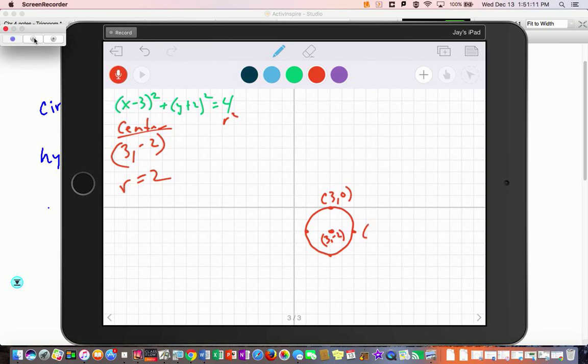Going to the right 2 would be 5, negative 2. Up, you add it to the y. Right, you add it to the x. Going down, you subtract your r value from the y. And going left, you would also subtract it from the x. So those should be your 4 dots when you do the top, bottom, left, and right.